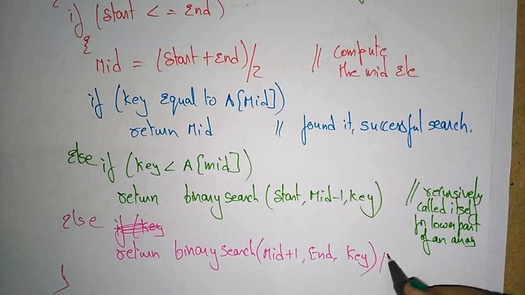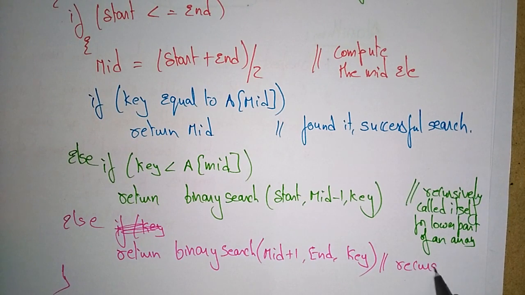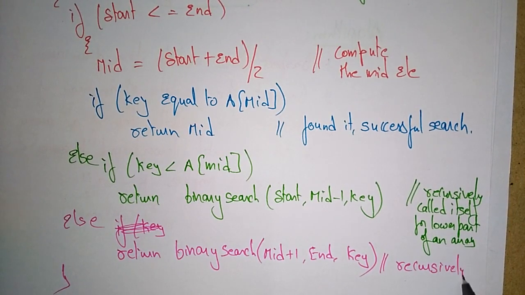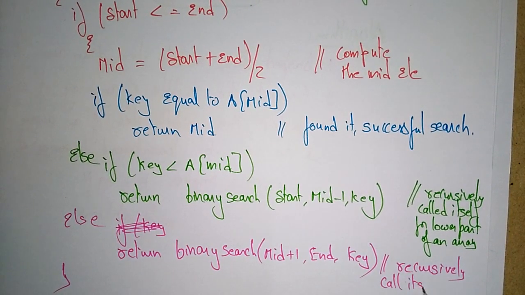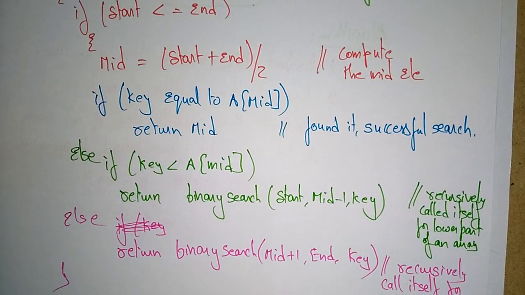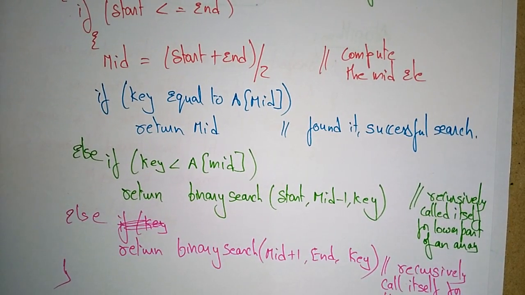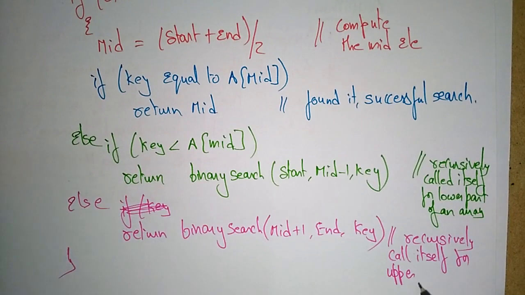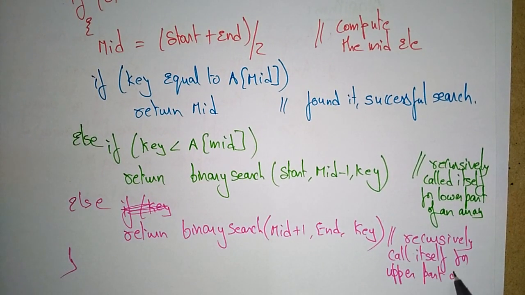What it indicates is that it recursively calls itself for the upper part of the array.